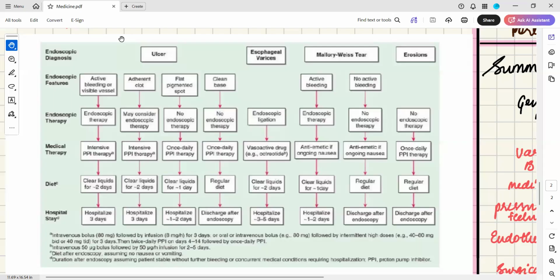We have to give antiemetic agents if the nausea persists. There are fluids and hospitalization in the case of active bleeding. And if the cause is erosion, then we don't need any endoscopic therapy. We can directly start PPI, regular diet, and discharge as soon as endoscopy is done.